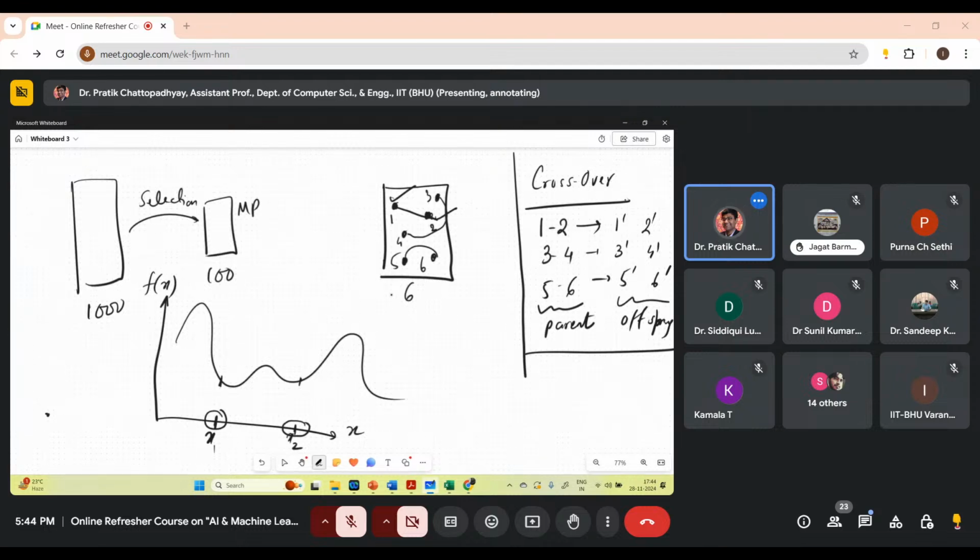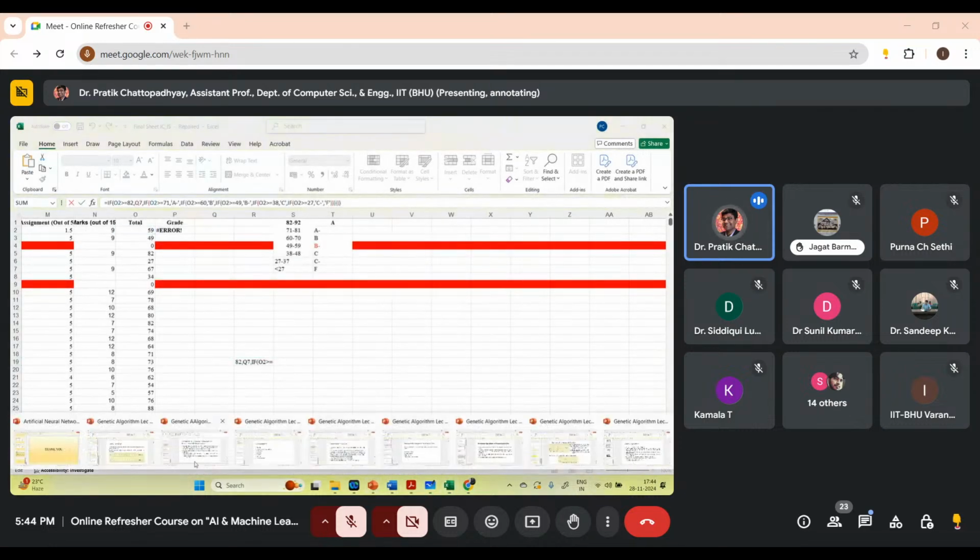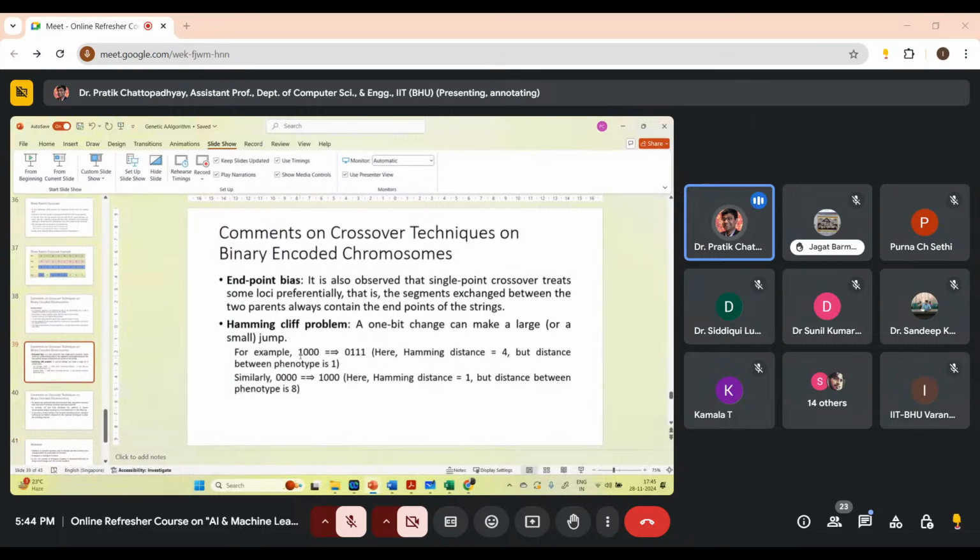The Hamming cliff problem is like this: if you have a chromosome 1000, so the first bit is 1, the second bit is 0, the third bit is 0, the fourth bit is 0, and you cross over with another parent, you get this as one of the children, 0111.